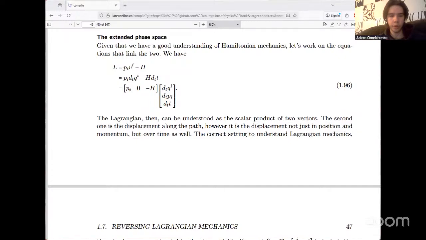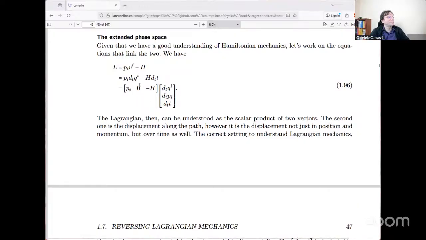Here we have the Legendre transform of the Hamiltonian being the Lagrangian, and then we expand velocity in terms of being the derivative of position, and then we multiply by 1 basically the Hamiltonian and write that as the derivative of time, and then we can rewrite that in this way. Right, we're basically adding a 0 in the middle so that we also have the derivative of p in time.